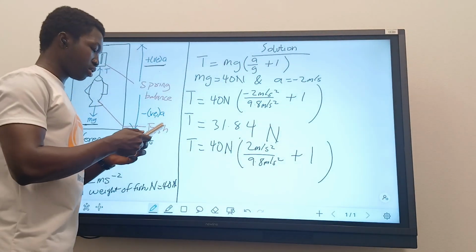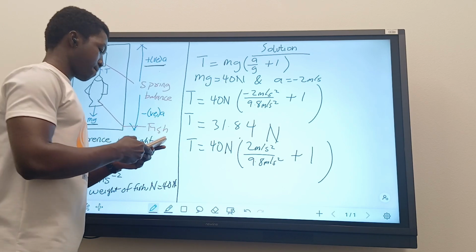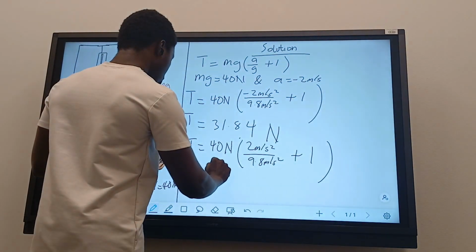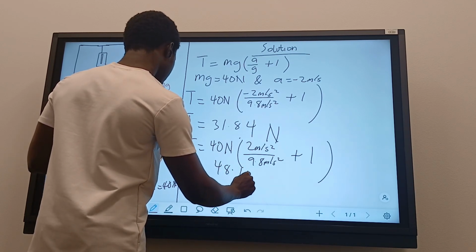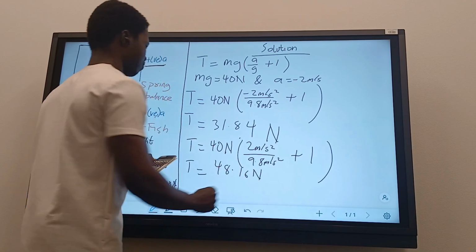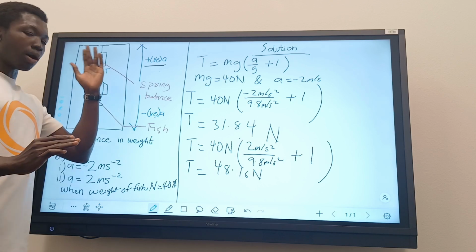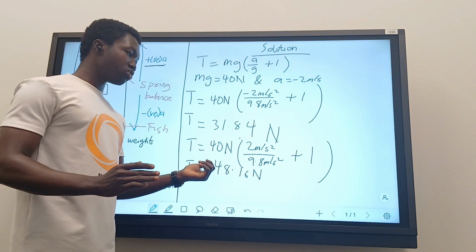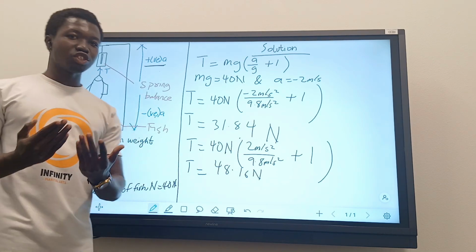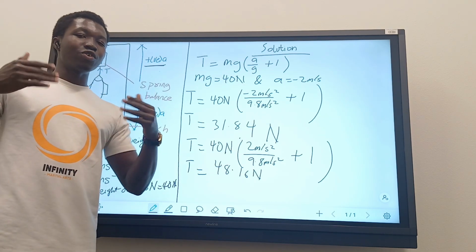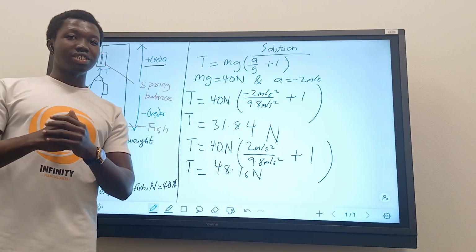Punching this into a calculator, we are going to get T is equal to a stunning 48.16 Newton. So we can see from here, as the elevator goes up, the weight of the fish increases by 8.16 Newton. So from here, I've proven to you that as the elevator goes up, your weight increases, and as it comes down, your weight decreases.